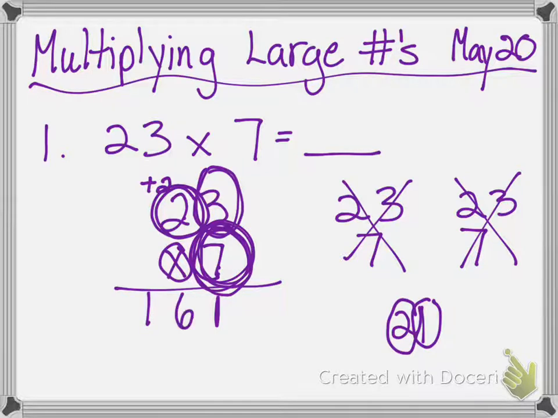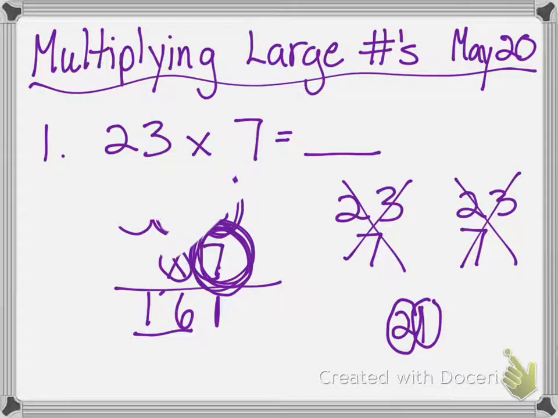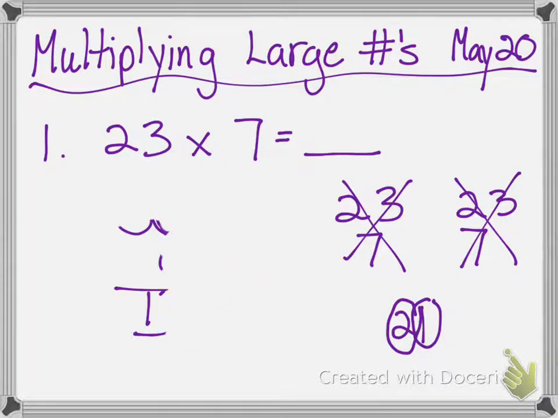And there's nothing else over here to trade to or to carry to, so we just write down the full 16 right there. So the answer, 23 times 7, is 161.